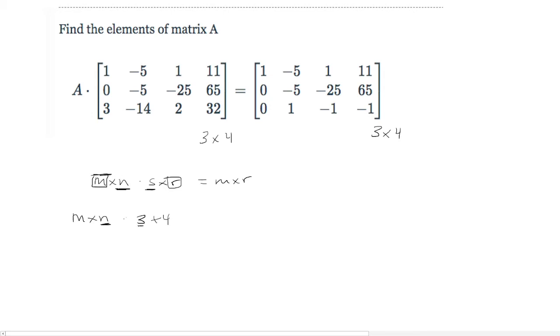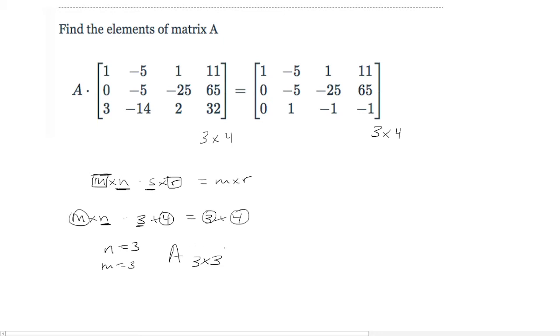So because these two are equal, we have n is equal to 3. And the resulting matrix is a 3 by 4 matrix. So that makes m equal 3. Okay, so m is equal to 3. So that means A is a 3 by 3 matrix.